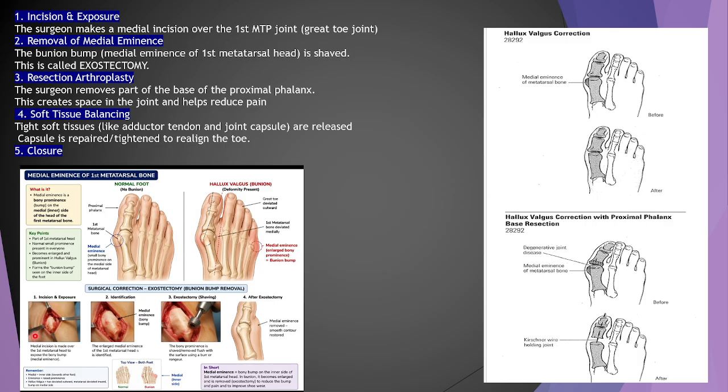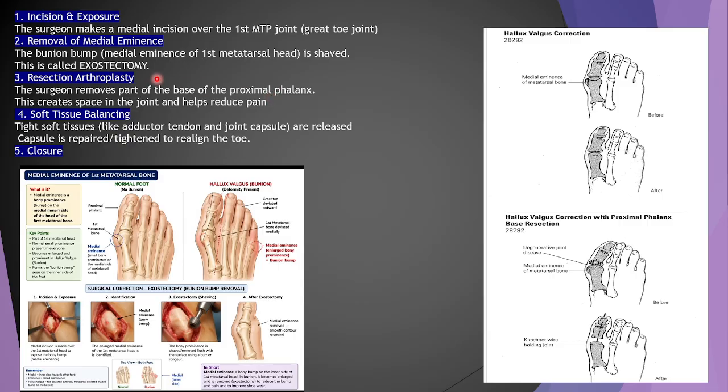First, incision and exposure of the metatarsophalangeal joint so that he can remove that bony bump. He will identify the medial eminence and shave that area. That is exostectomy. After shaving, he will remove the medial eminence and restore a smoother contour. Then the surgeon will remove the base of the proximal phalanx.